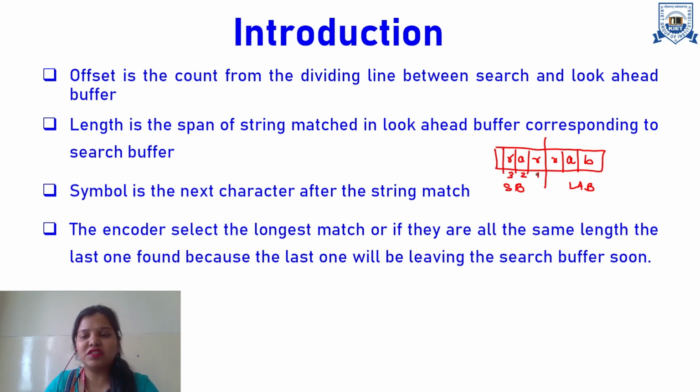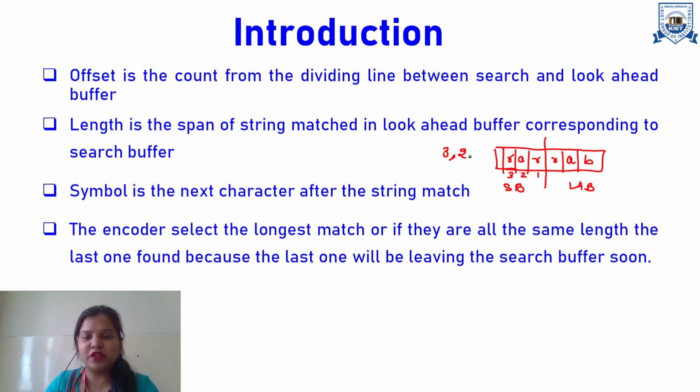So we will consider the longest match found. Here the longest match is at index number 3, because here we got two matched symbols, R and A. So offset is this location where we got our match, element 3. The length will be 2 because we got two elements same as the look ahead buffer.